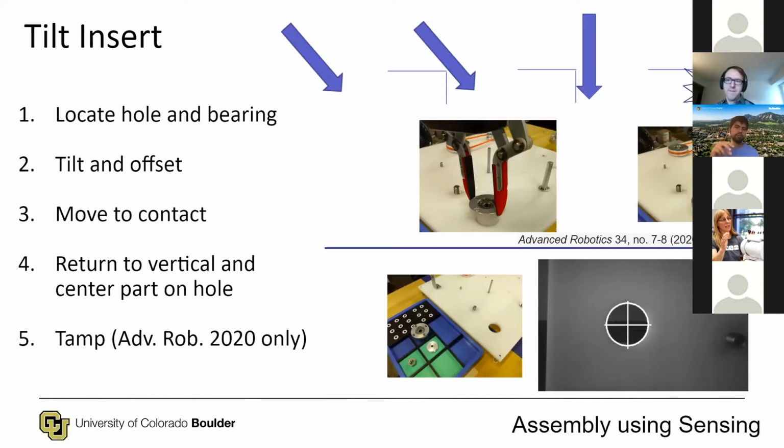Then we grasp the bearing and move it above the hole. Then the bearing is tilted such that the lowest edge of the bearing is centered on the hole. This is because when the bearing is brought upright, the curvature of the hole tends to bring the bearing to its center. Hence, when the bearing is tilted to vertical, it's given a final push. If we see a binding, we apply a tamp operation.